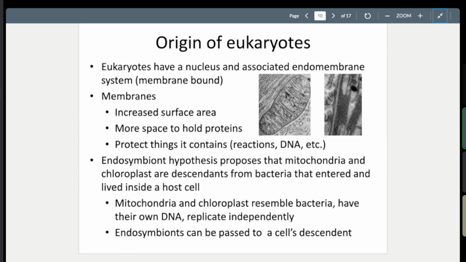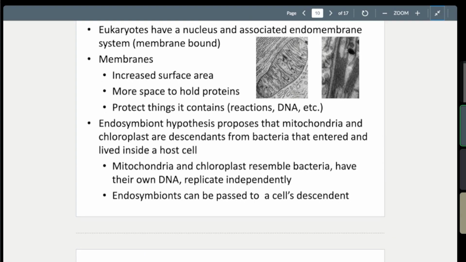So we have prokaryotes, and then we become eukaryotes. Eukaryotes, by contrast, have a nucleus and, of course, membrane-bound organelles and an endomembrane system. Membranes increase surface area, they have more space for proteins, and they protect things. The endosymbiont hypothesis proposes that the mitochondria and the chloroplast have their own DNA, and they are descendants of bacteria that entered and lived inside a host cell.